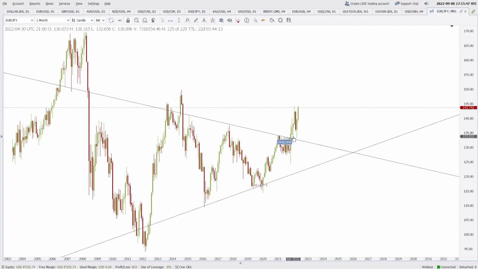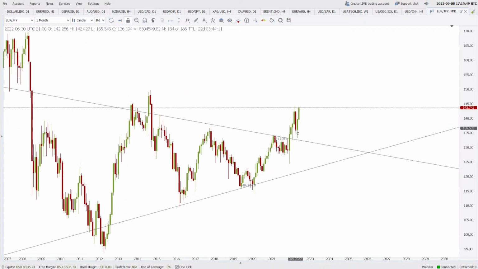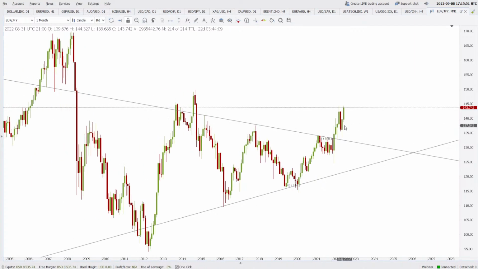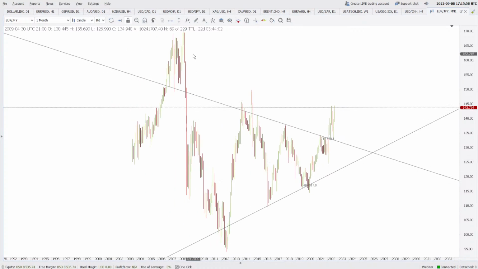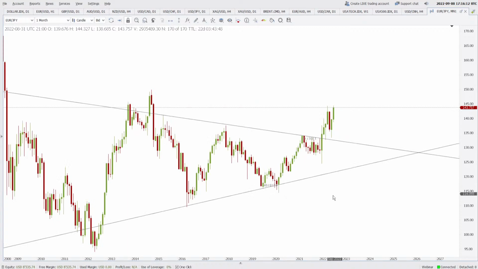Again it was support, and now the price is rising. The market is in an uptrend here. From this low, it is an uptrend, but if you take it from this high, this is a lower low, then a higher high, higher low, lower high, higher low. So this was a symmetrical formation forming here.